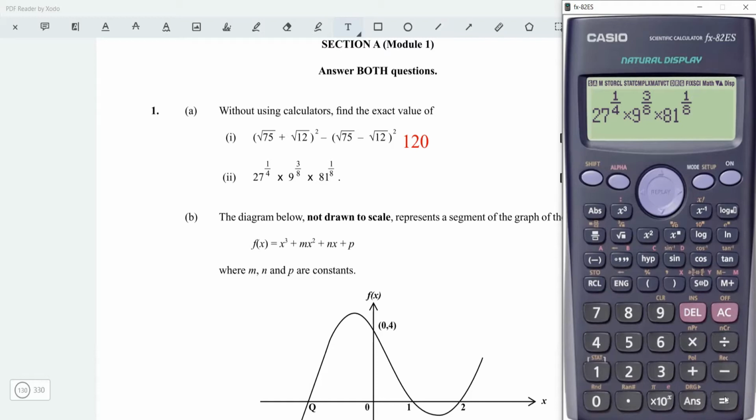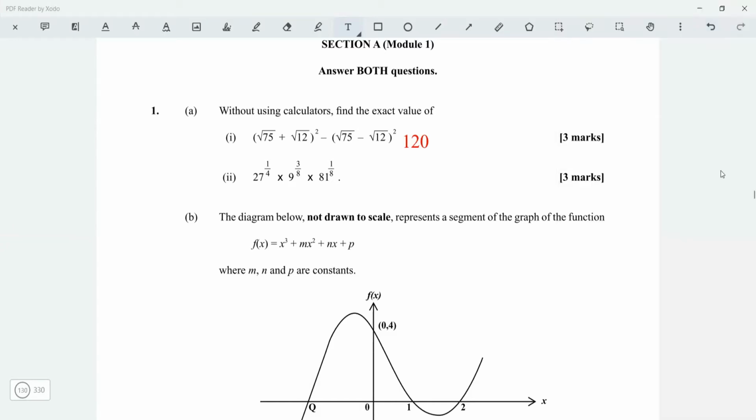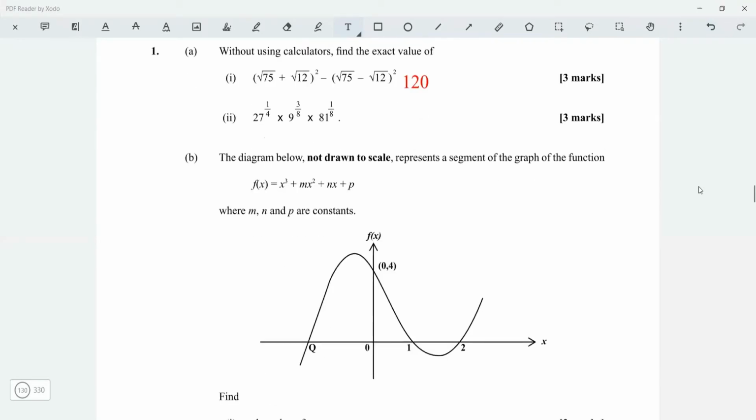So we do that now, and we'll get 9. So all of that, and we'll get 9, so we're nice. So now we're good, and we're done with that part. 3 and 3, we've gone 6 marks.